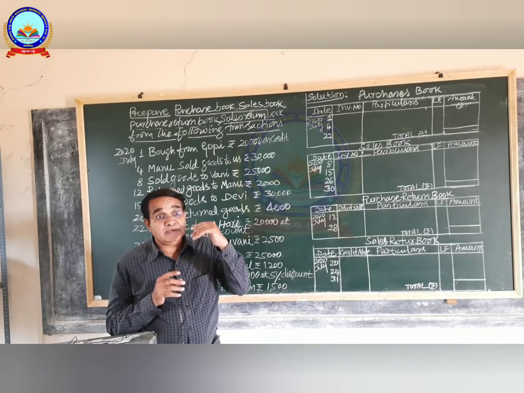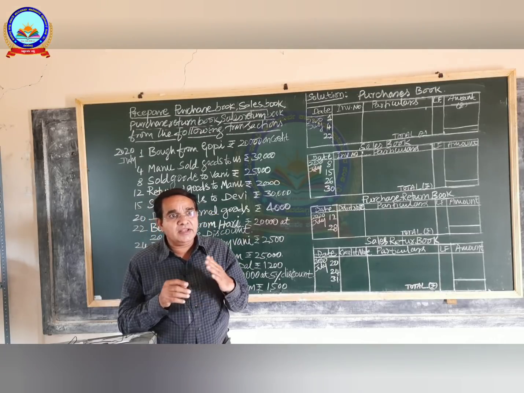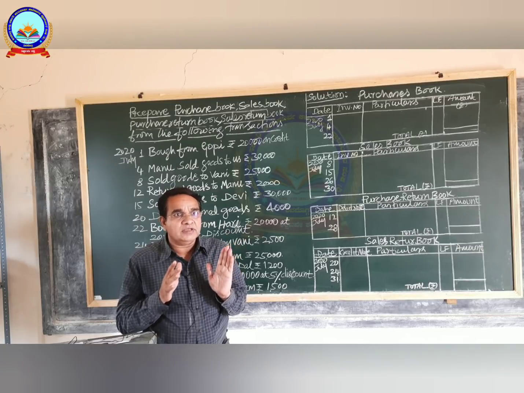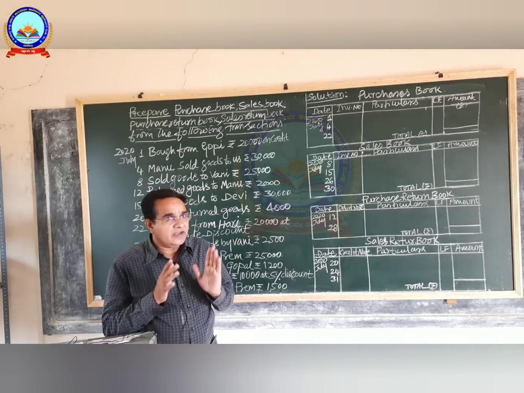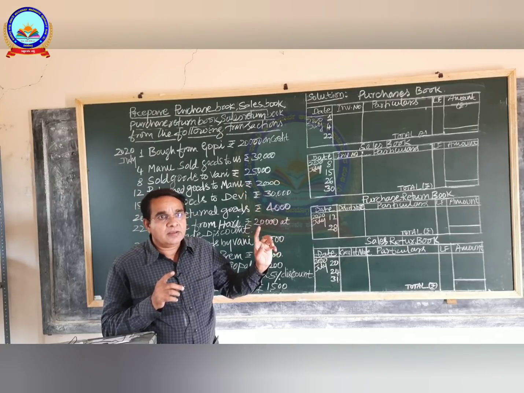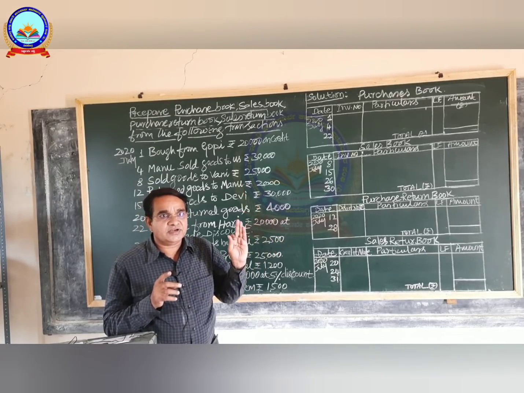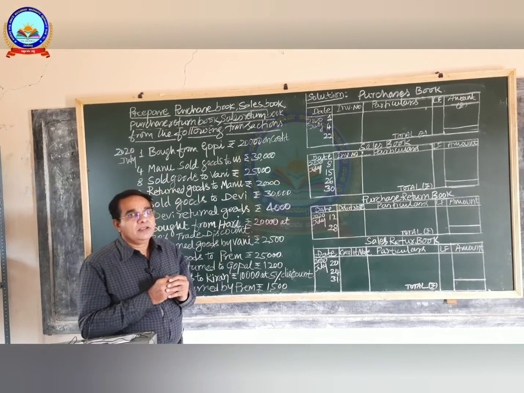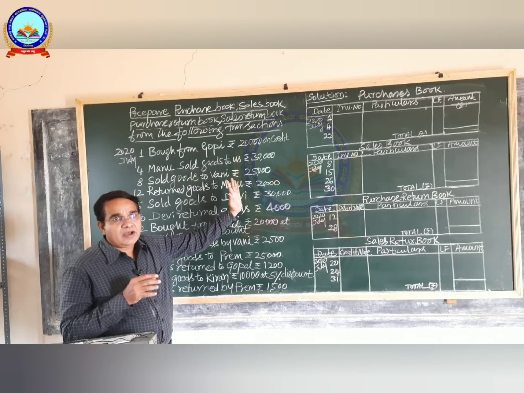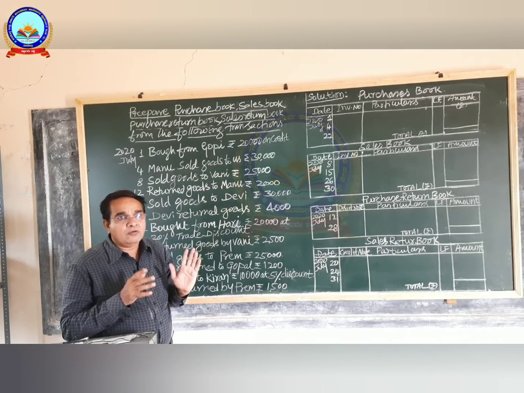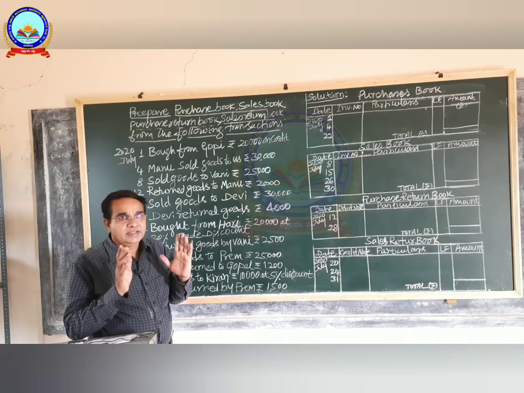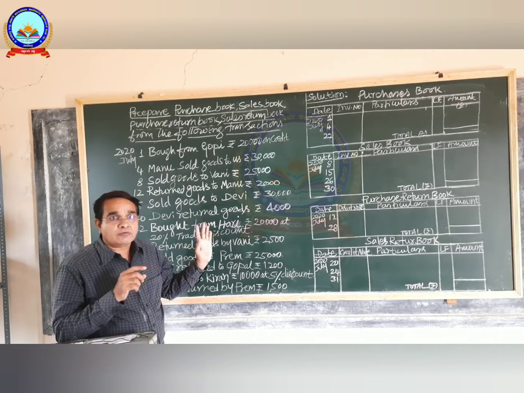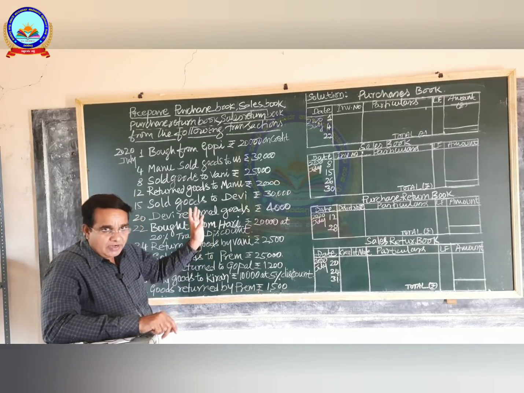If the question is asked for 12 marks, then the student should be in a position to prepare all the 4 special subsidiary books, that is purchases book, sales book, purchases return book and sales returns book. With this problem, I am going to explain how to present the said special subsidiary books when the question has been asked for 12 marks.